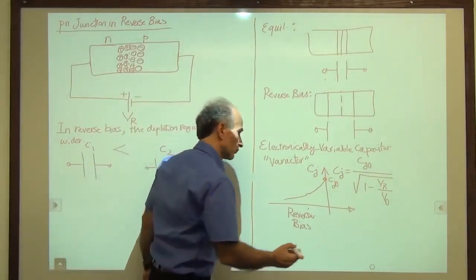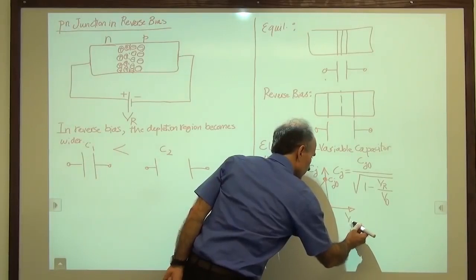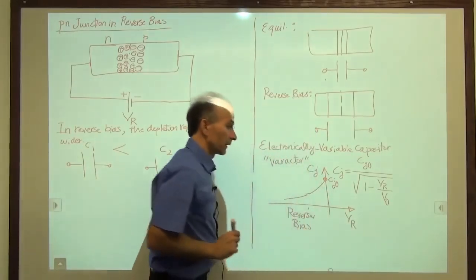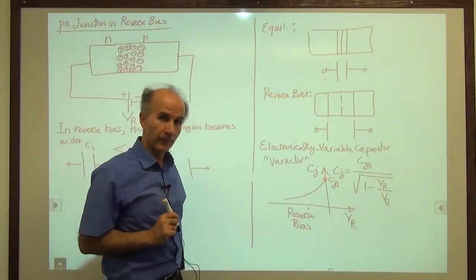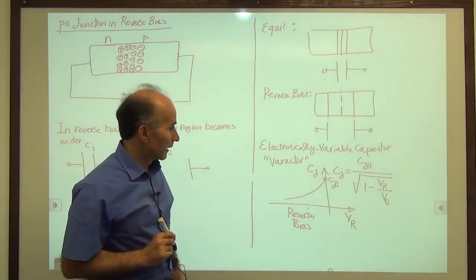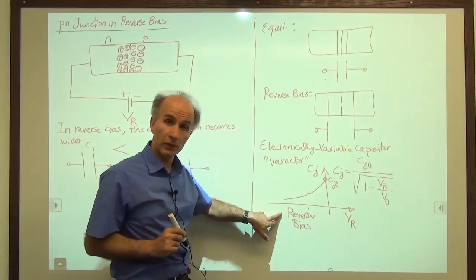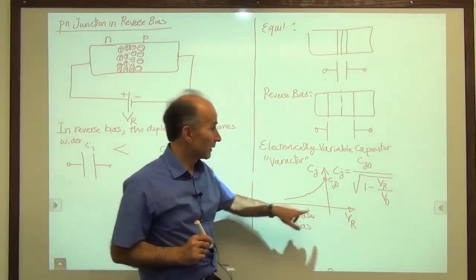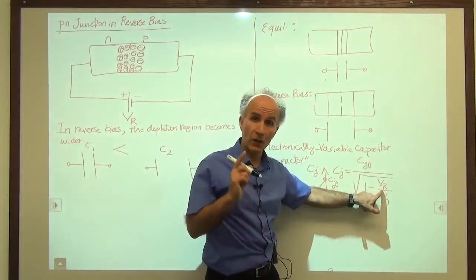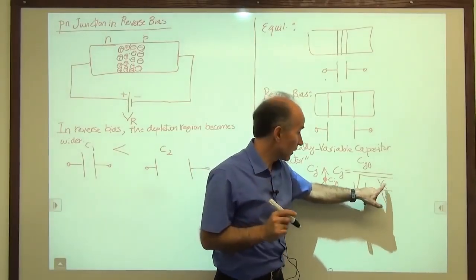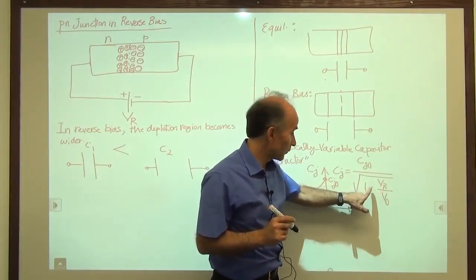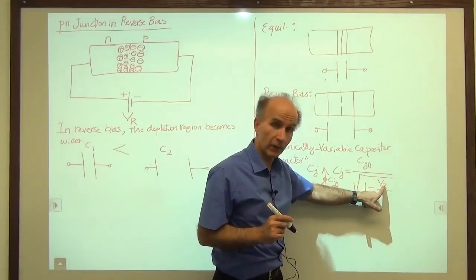All right, so I'm going to write VR here at the risk of creating confusion. This plot says VR has to be negative to be in reverse bias. This equation also says VR has to be negative, because if VR is negative, then this would be like plus the absolute value of VR.